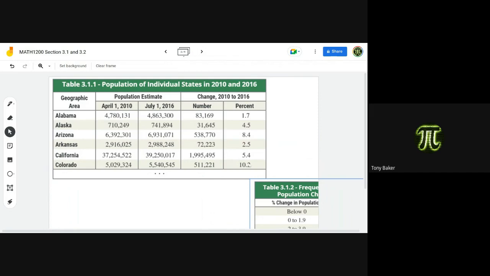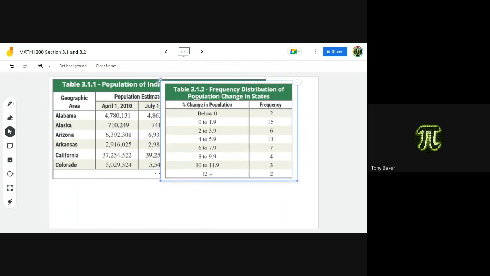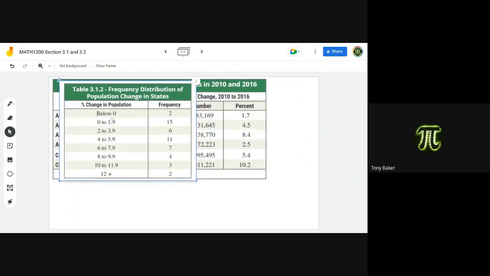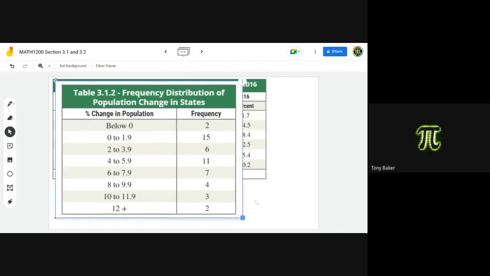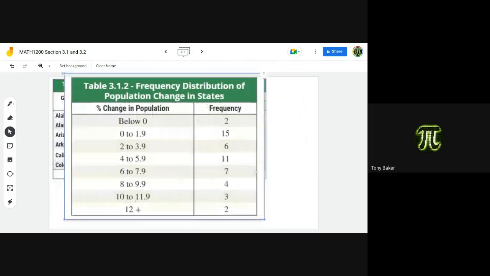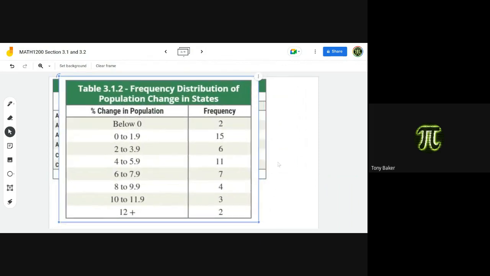So this is a list. This is a frequency distribution. Notice now we're taking that data and organizing it, not necessarily just in a list. We're not looking at all of them. We want to know how much of something is happening within those categories.